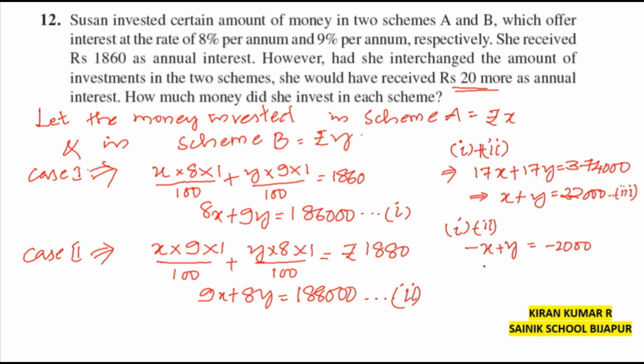Further, if I take negative common, it becomes x minus y equal to 2000. Let me call this as equation 4. Now instead of solving equation 1 and 2, it will be alright if you solve equation 3 and 4.